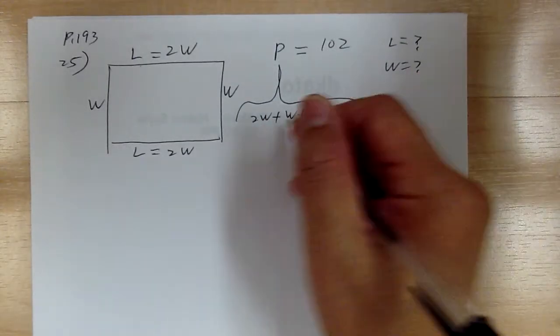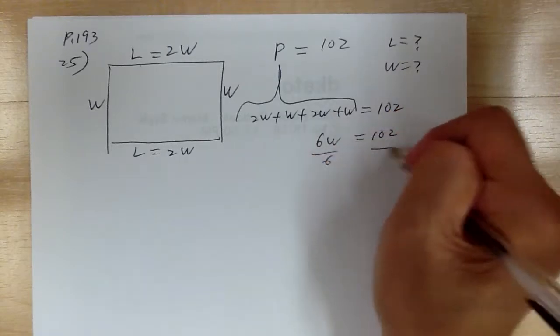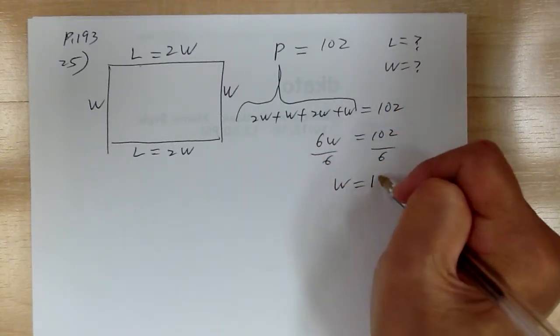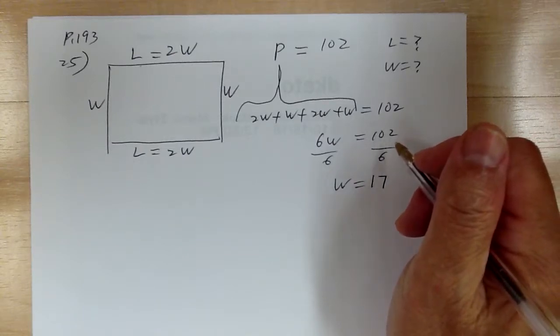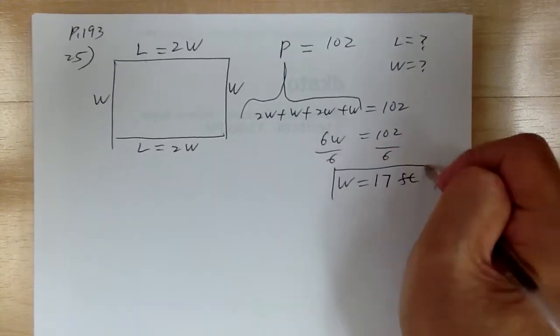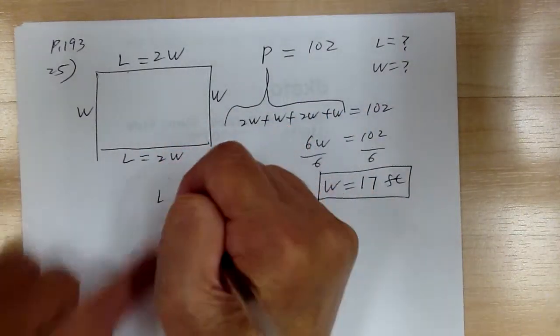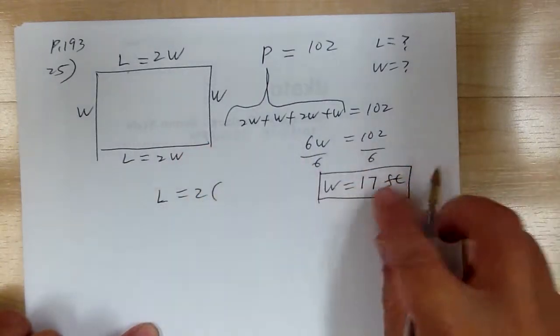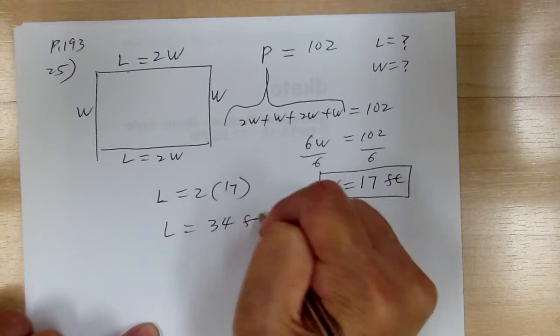So you can add this together, so you got 6w equal to 102, divide by 6, so w equal to 17. Okay, and the label would be feet. Now to find length, you come over here, see it tells you L equal to 2w, right? So L equal to 2 times 17, so L equal to 34 feet.